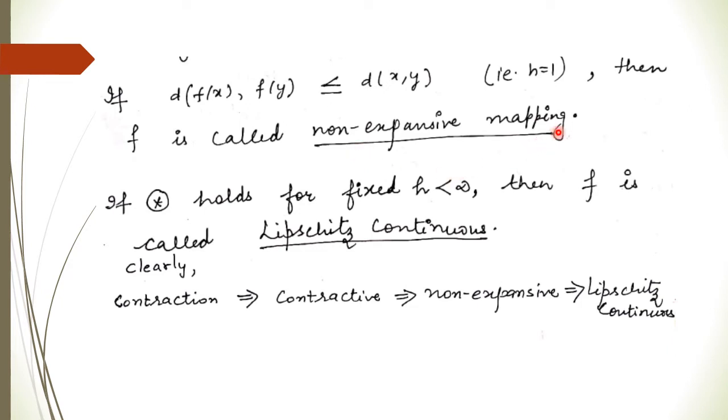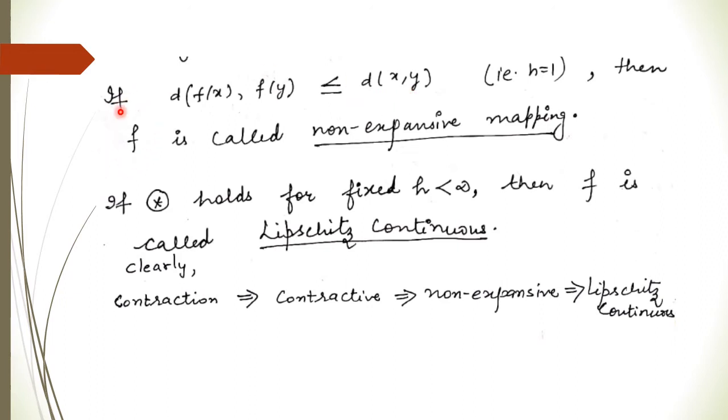Non-expansive mapping means in star you consider h to be 1. So in the contraction condition, if we take h to be 1, then that mapping is said to be non-expansive. In this case the distance of fx, fy is less than or equal to the distance of x, y.